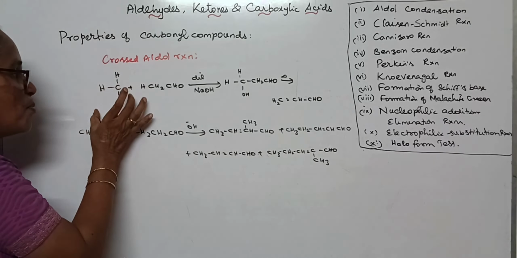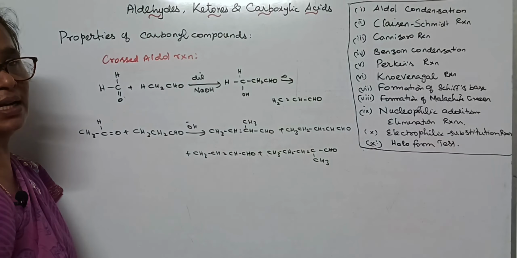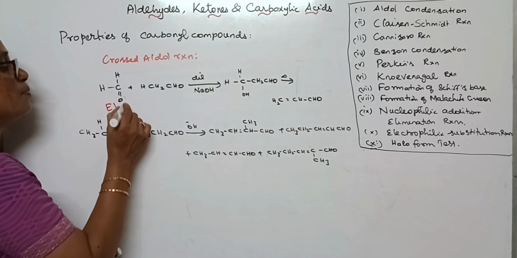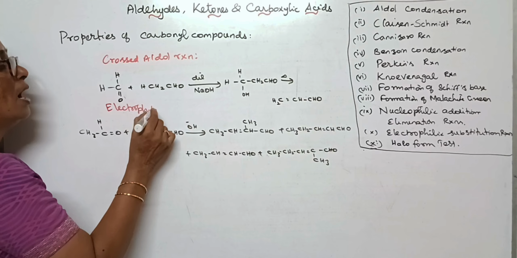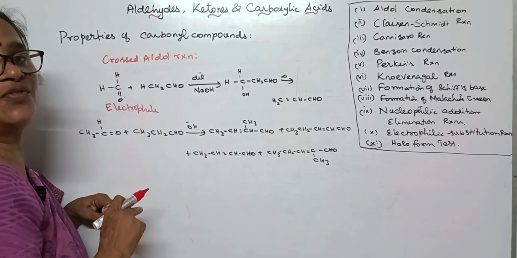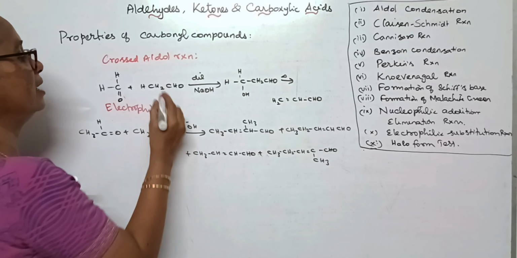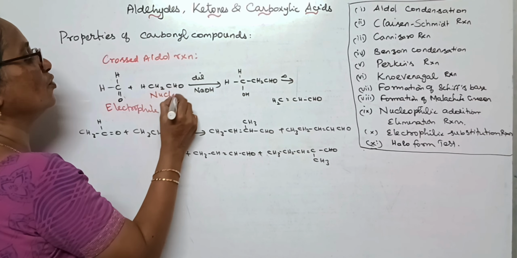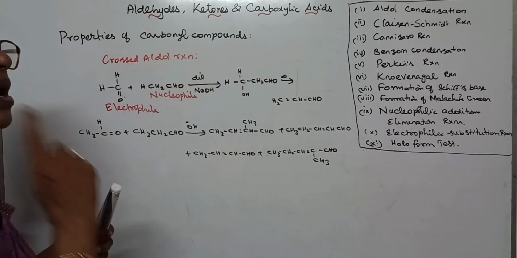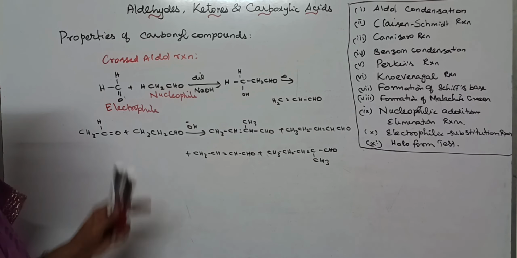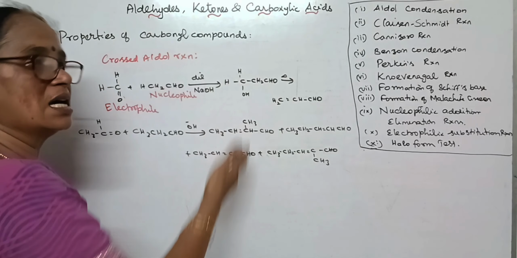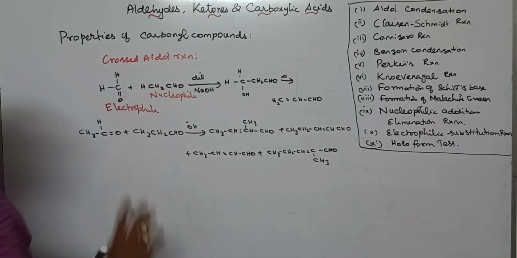So the compound without alpha hydrogen should always be taken as the electrophile. So this behaves as the electrophile and the other carbonyl having the alpha carbon and alpha hydrogen is the nucleophile. So in presence of formaldehyde, the formaldehyde should always be the electrophile, and the other carbonyl, whether acetaldehyde or acetone, should behave as the nucleophile.